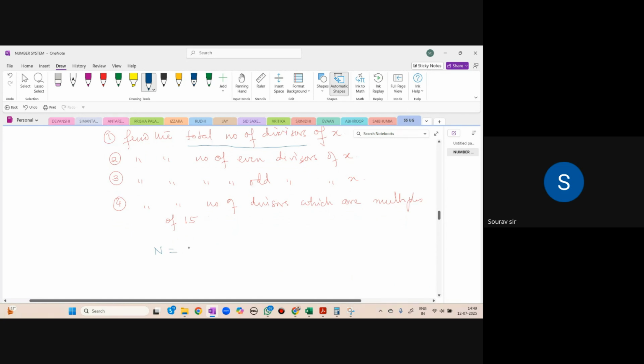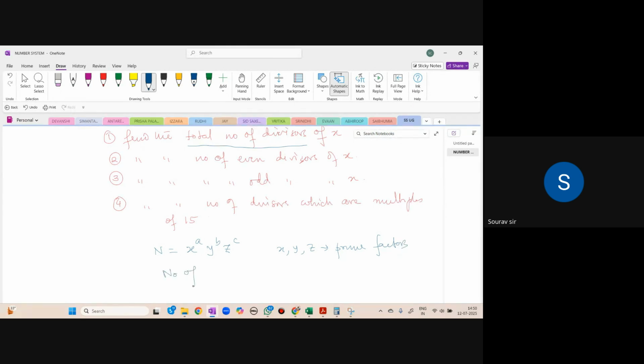Very good. So if a number is given by x to the power a into y to the power b into z to the power c, where x, y, z are prime factors, then number of factors, which includes 1 and the number itself, will be given by a plus 1 into b plus 1 into c plus 1.